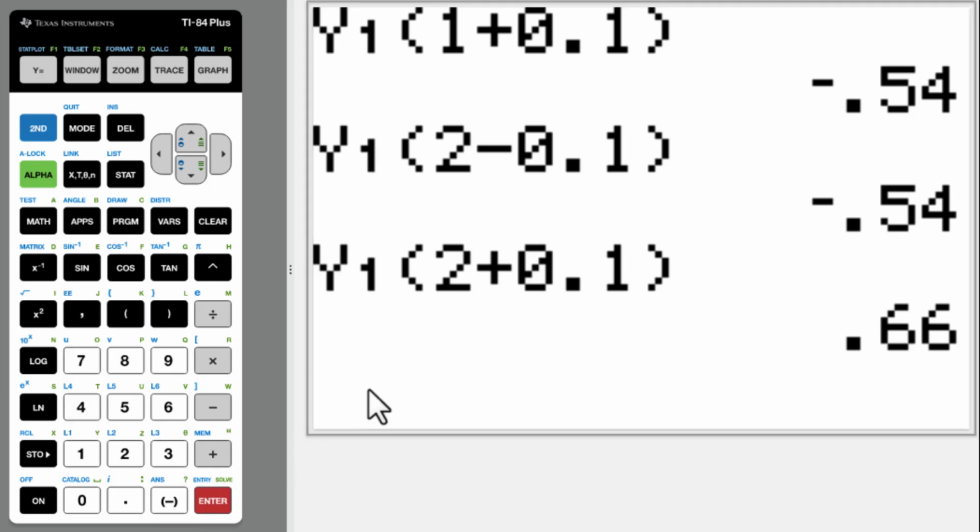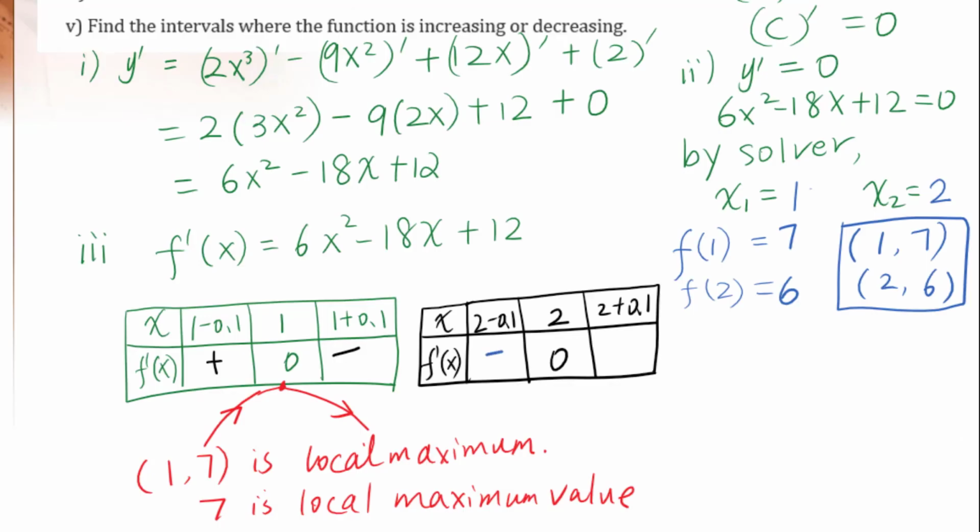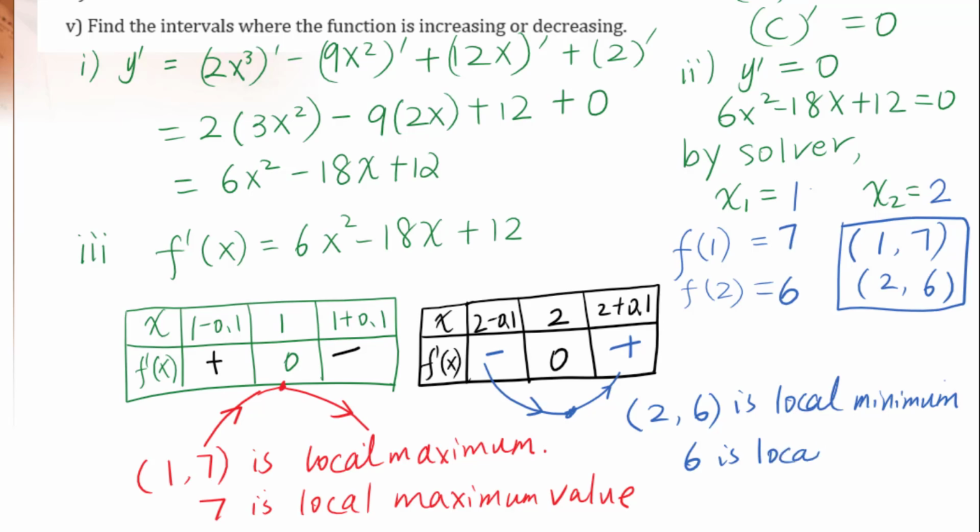Enter. It's positive. Negative, positive. Decreasing, then increasing. Which means 2, 6 is a local minimum. Or 6 is a local minimum value.